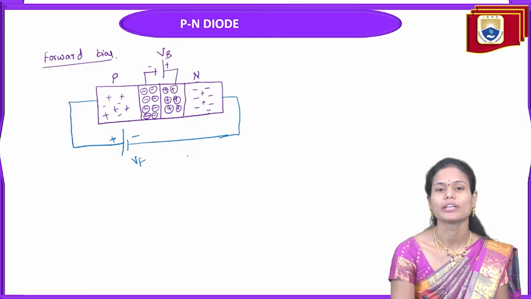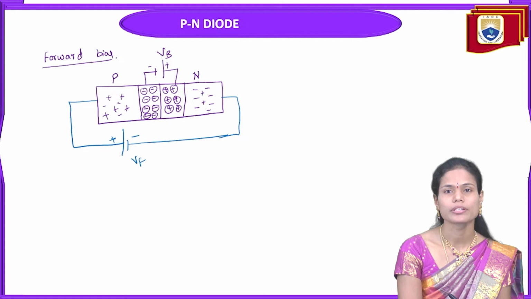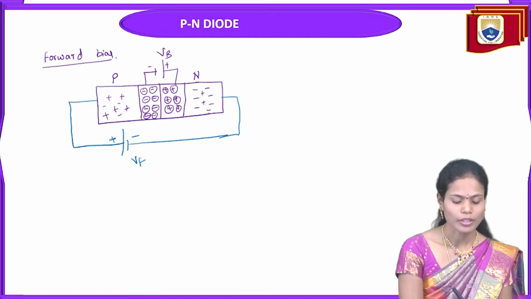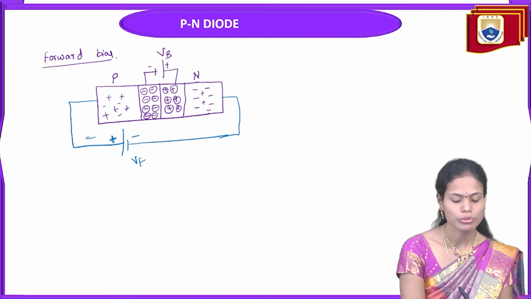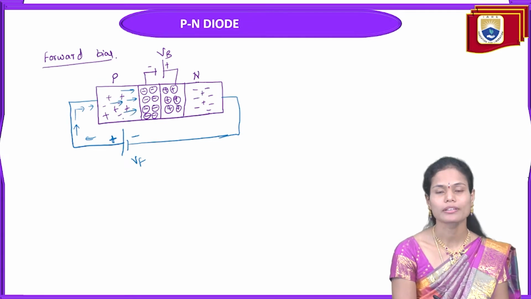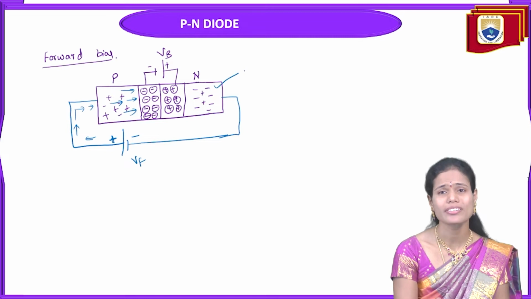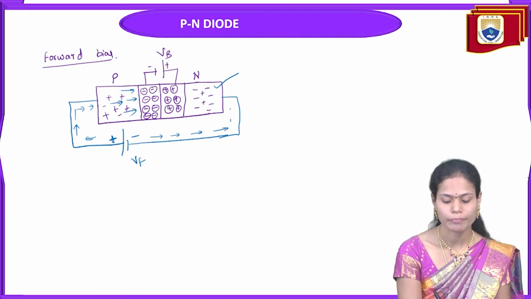So what will happen when we apply the forward voltage to the diode? The holes present in the P type material are repelled from the positive terminal of the battery, so they move towards the junction. Similarly, the electrons present in the N region are repelled from the negative terminal of the battery and they also move towards the junction.